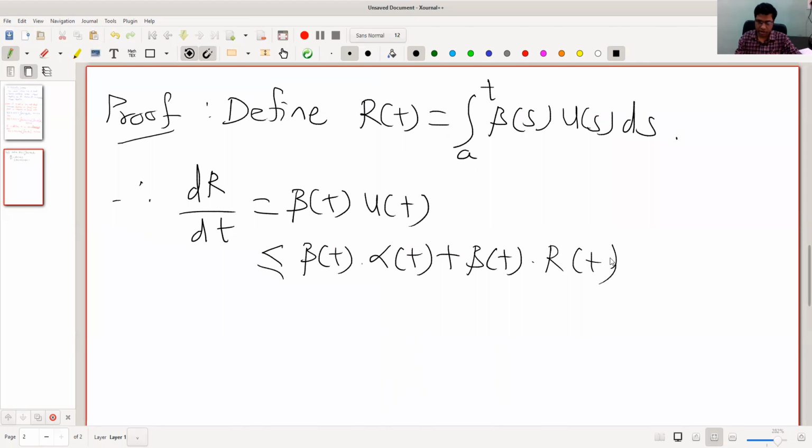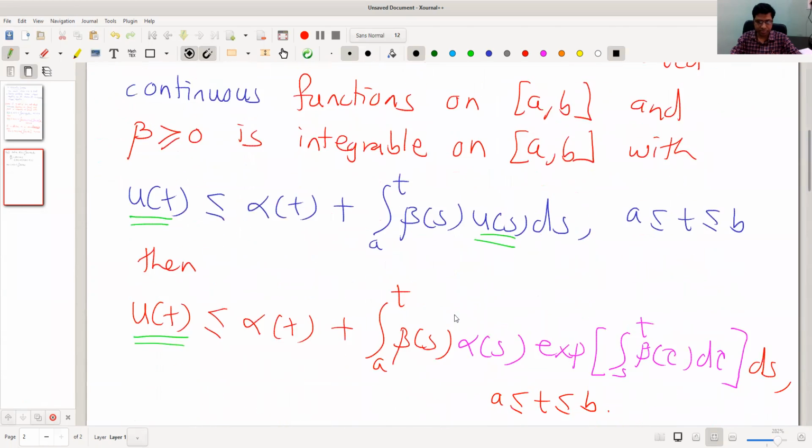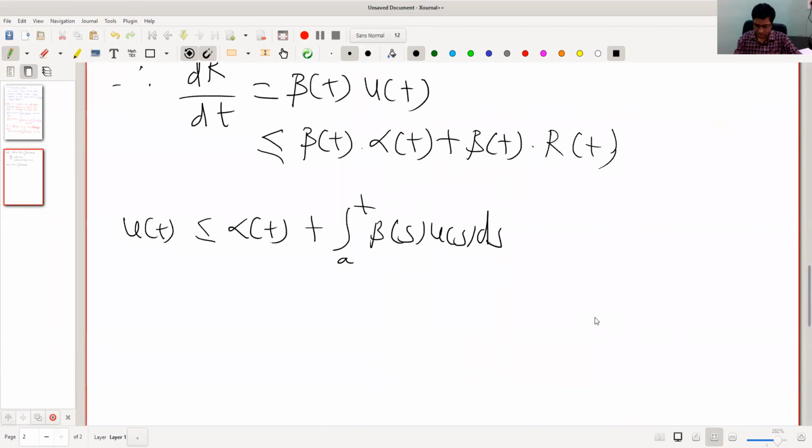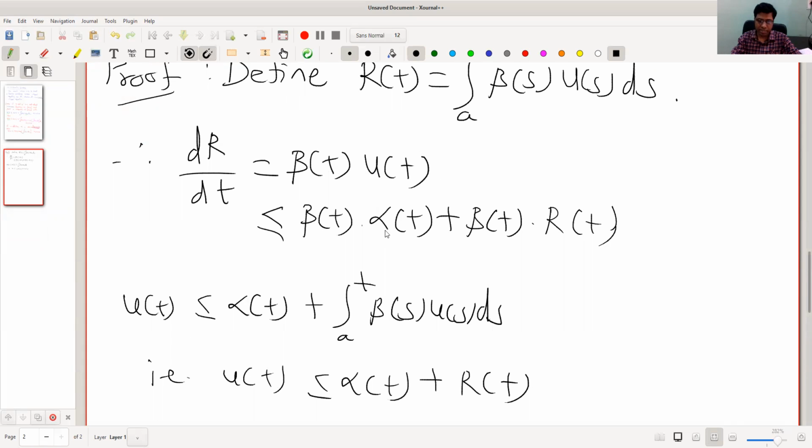We can write this because given thing is u of t is less equal alpha of t plus integral from a to t beta of s u of s ds. This is given thing, and this is nothing but u of t is less equal alpha of t plus r of t, and we are using it here. Beta of t multiplied by u of t is less equal beta of t into alpha of t plus beta of t into r of t.